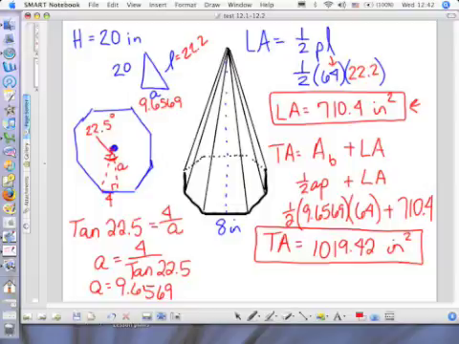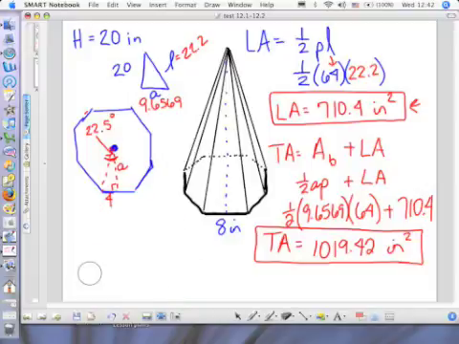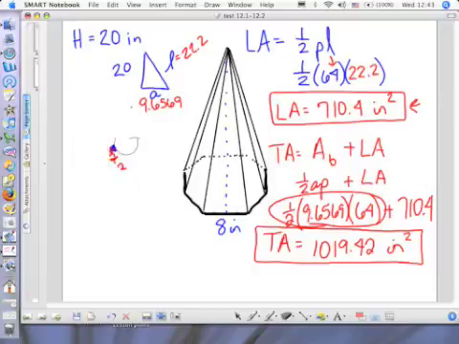The area of a regular octagon is apothem times perimeter, the area of your base. 1/2 AP is the area of your base.